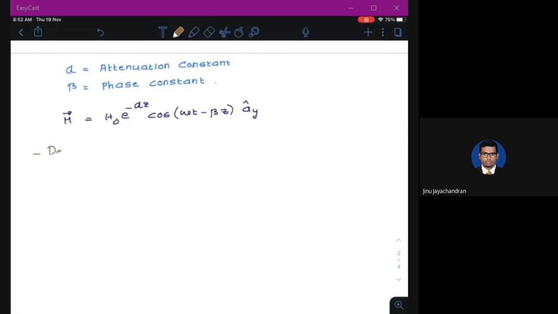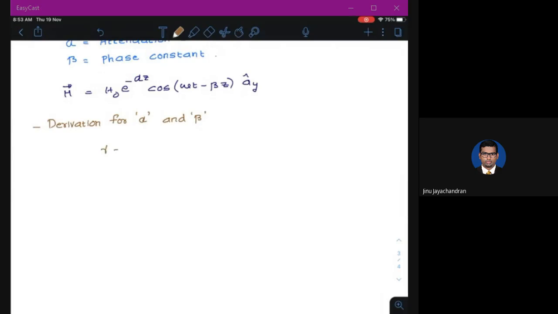Derivation for alpha and beta. Gamma is equal to alpha plus j beta, which we have already seen.